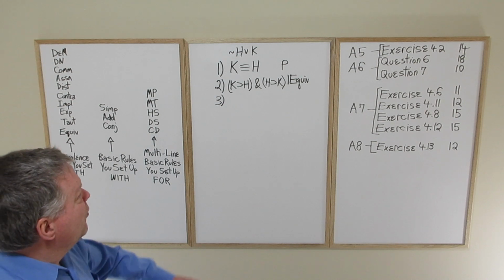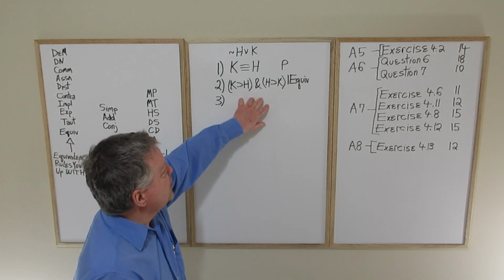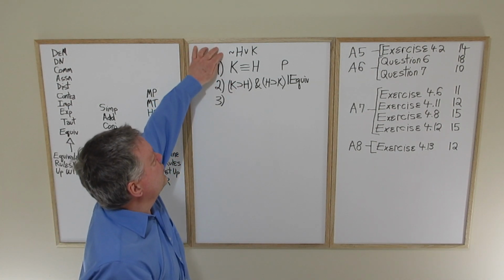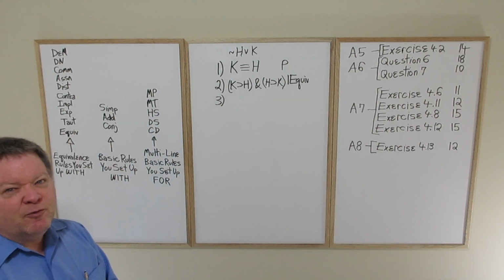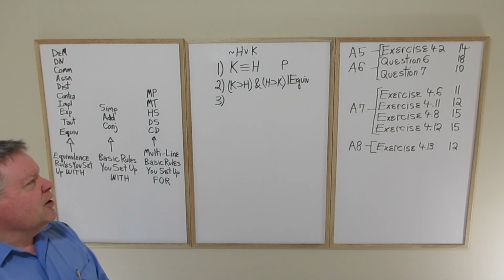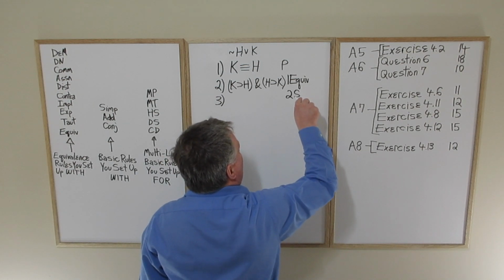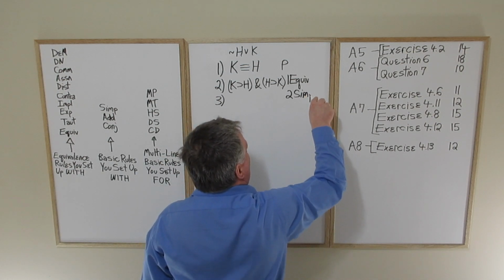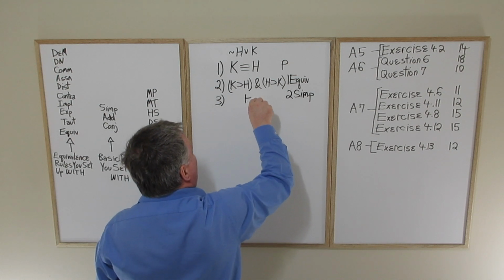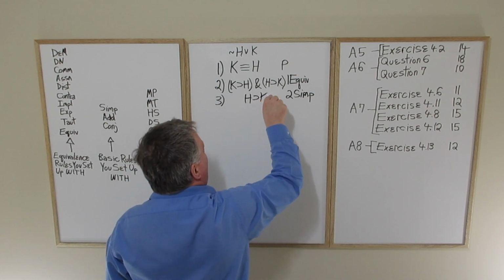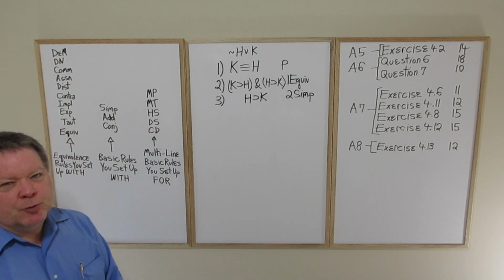The question though, which of these two conditionals is going to be useful to us in deriving that particular disjunction? The answer is the one on the right, H horseshoe K.